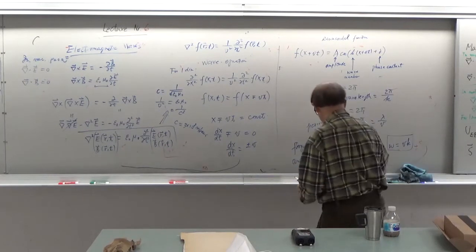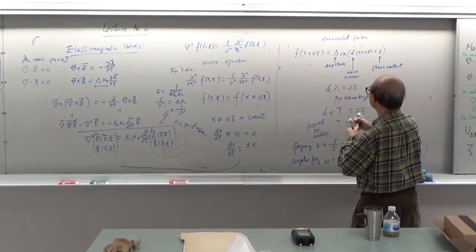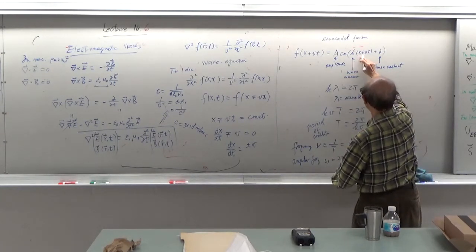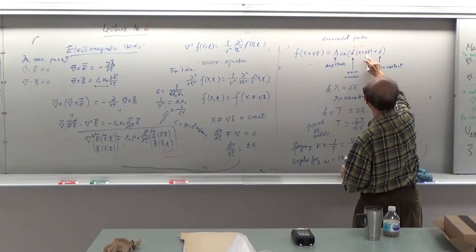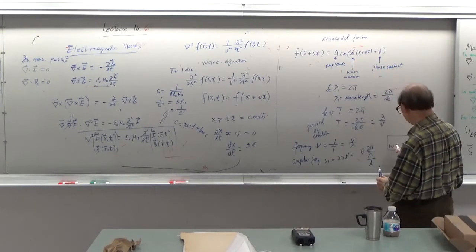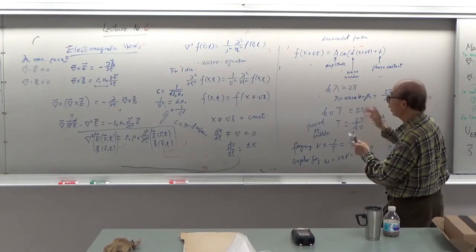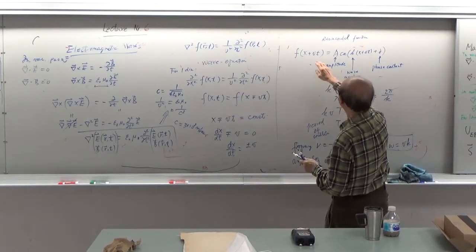In that case, we can go back to the original expression for the wave function. This is kx plus or minus kv times t, and kv is nothing but omega. Oh, I'm sorry.